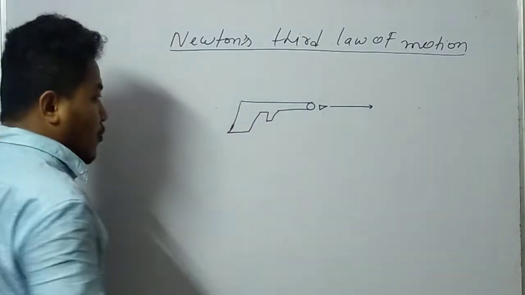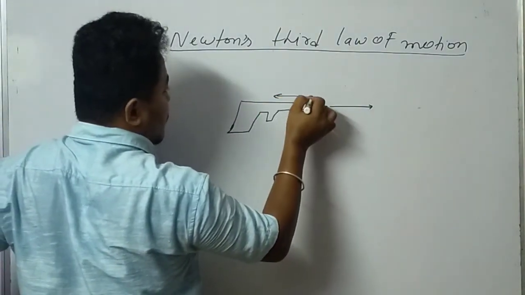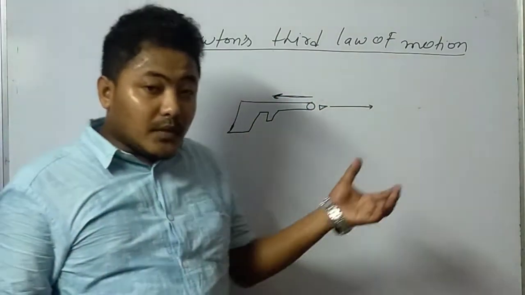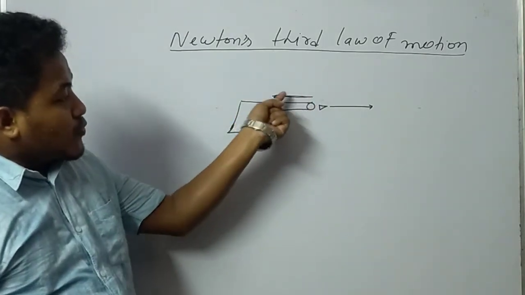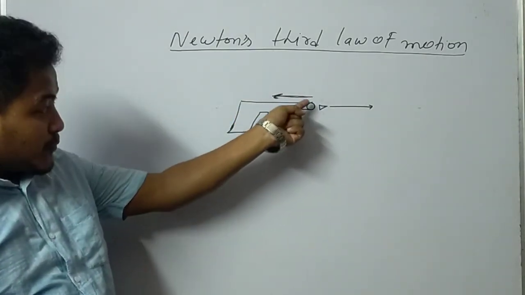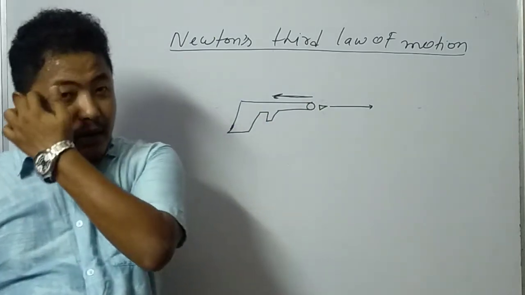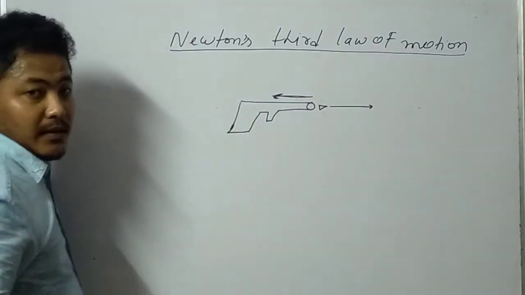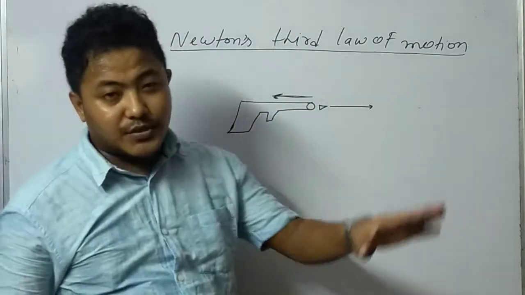That means when the bullet goes away, another opposite force will act on the hands of the person who is holding the pistol, or an opposite force will be given to this particular pistol. Am I clear? The magnitude of this force will be the same and the direction will be opposite, remember.